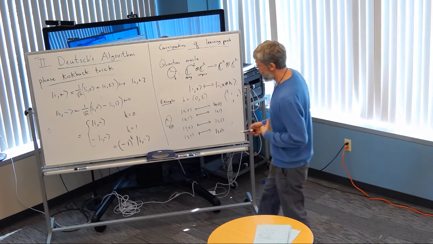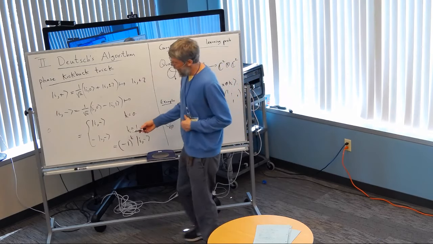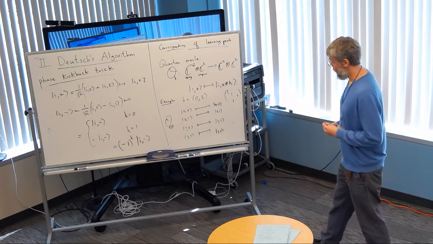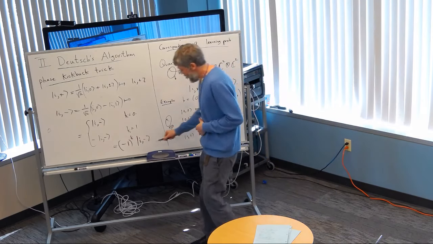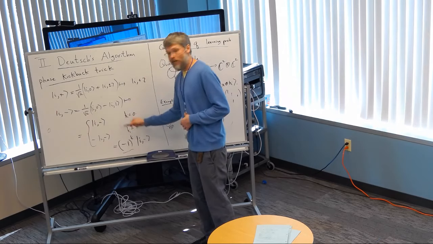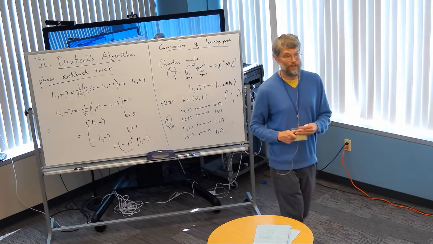What you learn from this calculation is that I minus is an eigenstate of this transformation, and the eigenvalue in its phase encodes the ith bit.